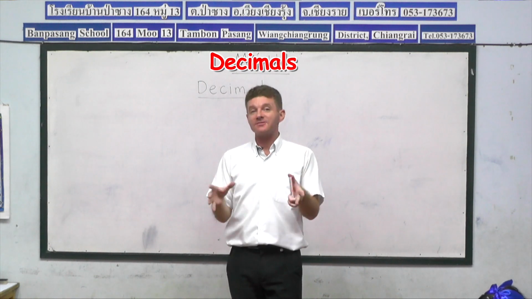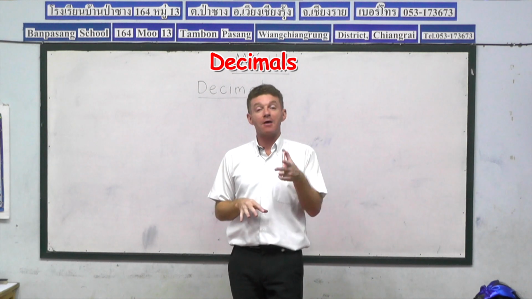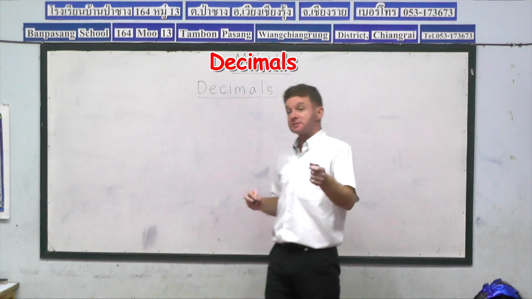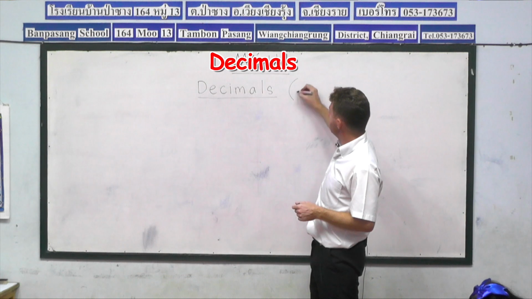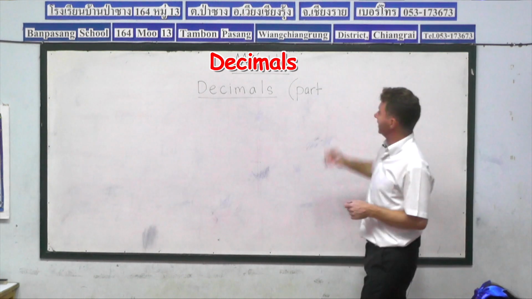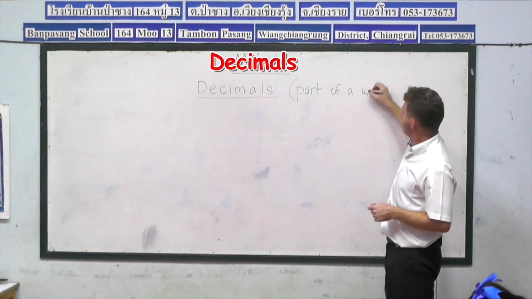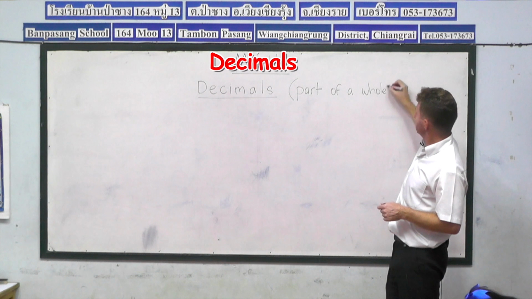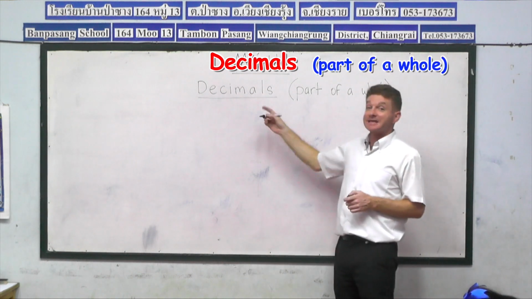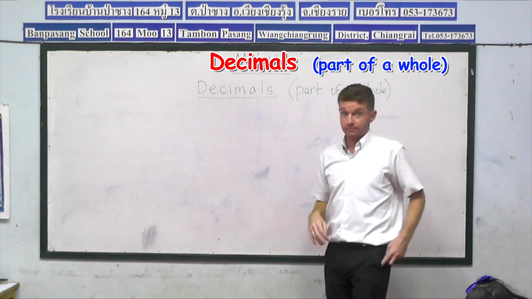Well, we can use decimals in the same way, but all it means is that they're displayed and written in a different way. So decimals can also mean part, P-A-R-T, of a whole. So altogether, guys, decimals, part of a whole.